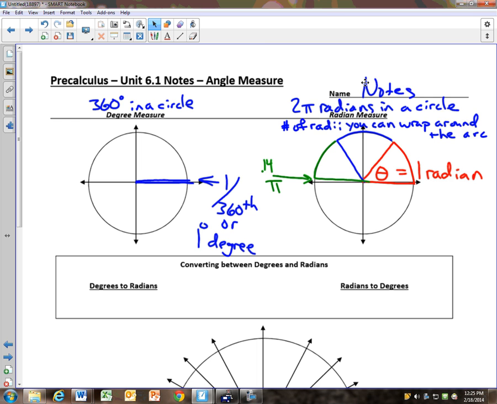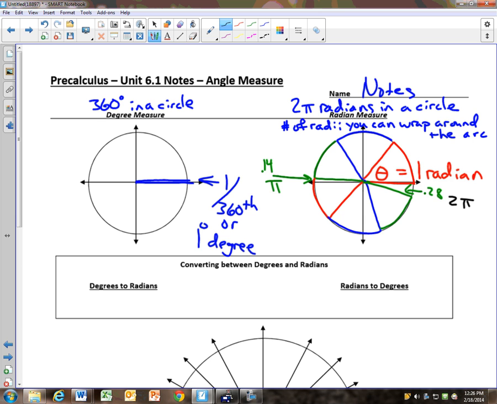And so if we continue to draw them all the way around, you would see that we would have another sliver left over. That sliver is 0.28 of a radian, because all the way around is 2 pi radians, or 6.28. One, 2, 3.14, 4, 5, 6.28.